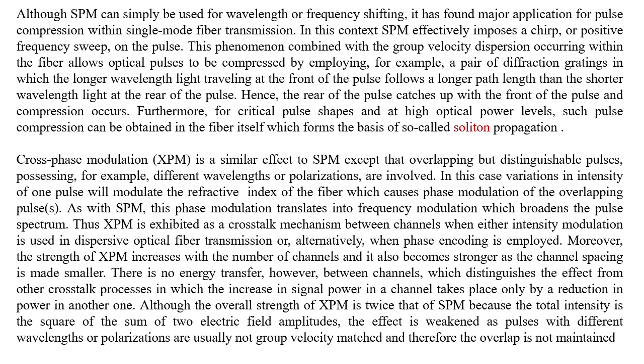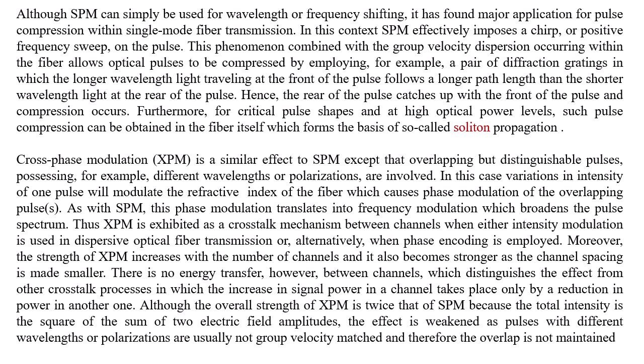Although self-phase modulation can simply be used for wavelength or frequency shifting, it has found major application for pulse compression within single mode fiber transmission. In this context, self-phase modulation effectively imposes a sharp or positive frequency sweep on the pulse.